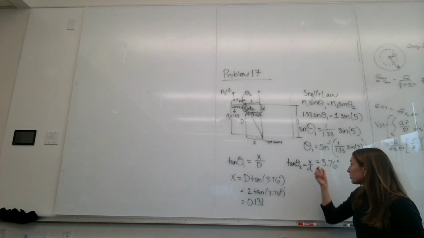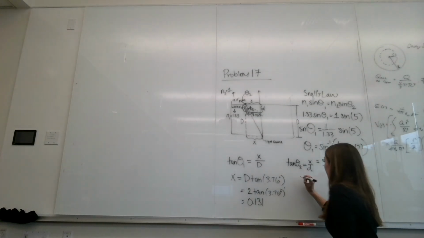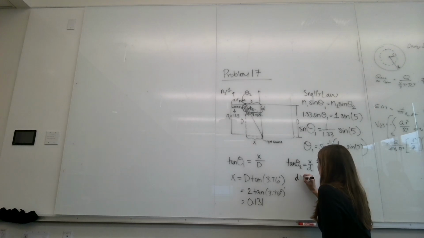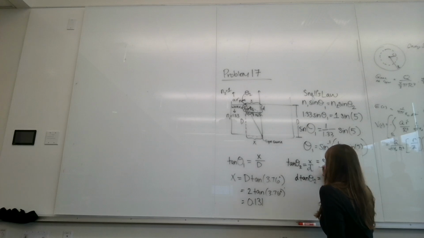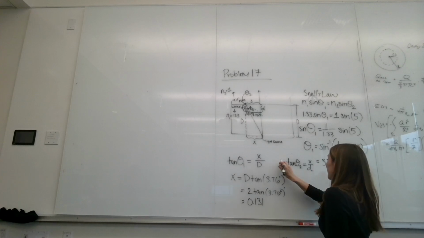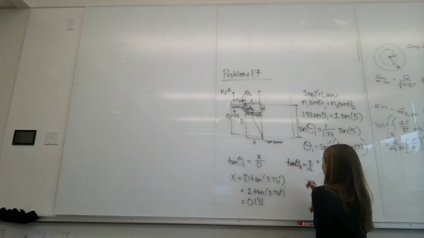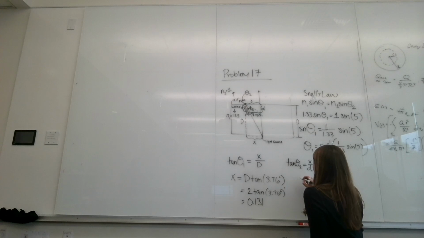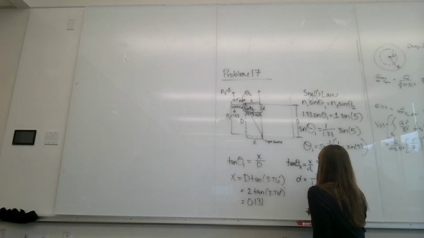Okay, so I'm going to multiply both sides by d and divide both sides by tangent of theta 2. So I get that d equals x over tan of theta 2.